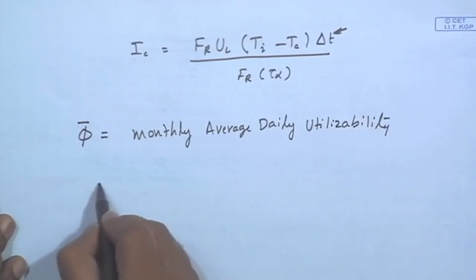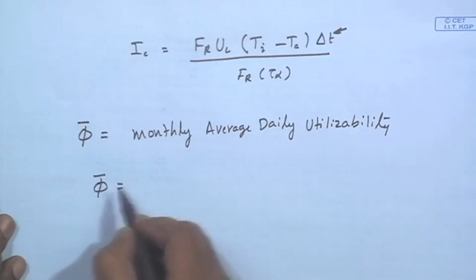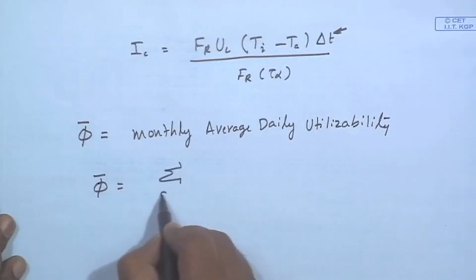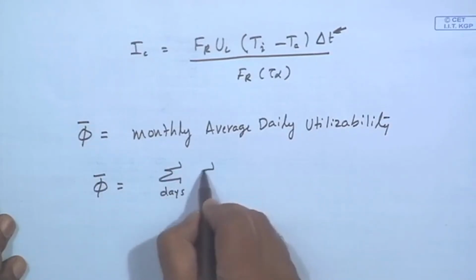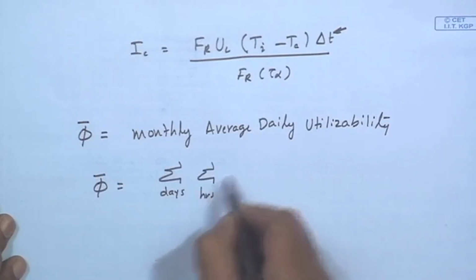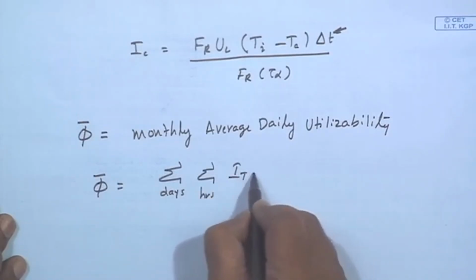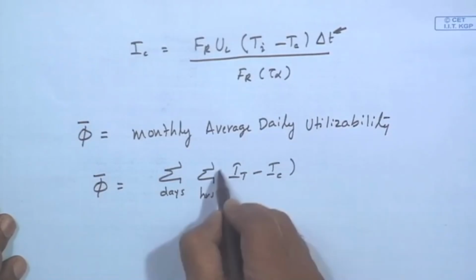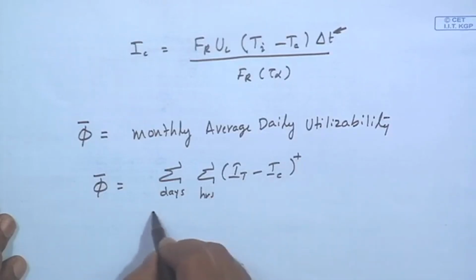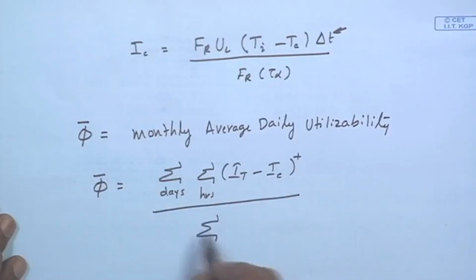So, basically phi bar is the ratio of solar radiation available above the critical level upon the total solar radiation falling on the collector surface.